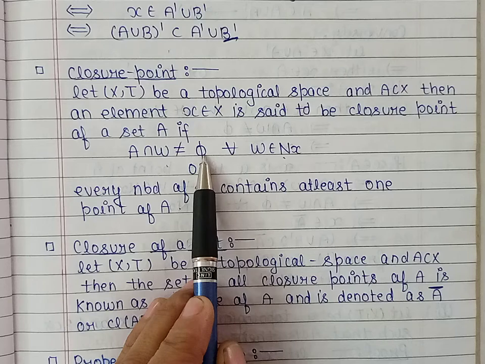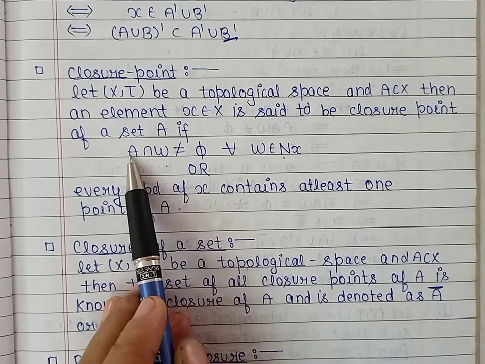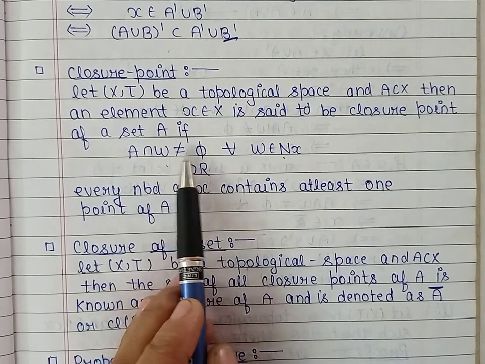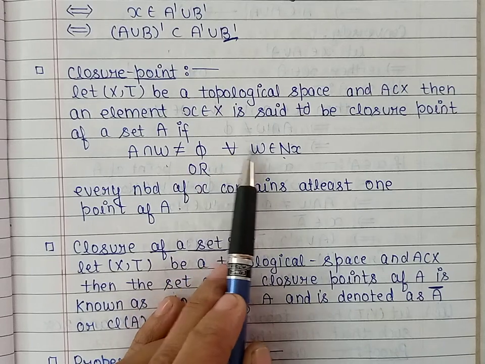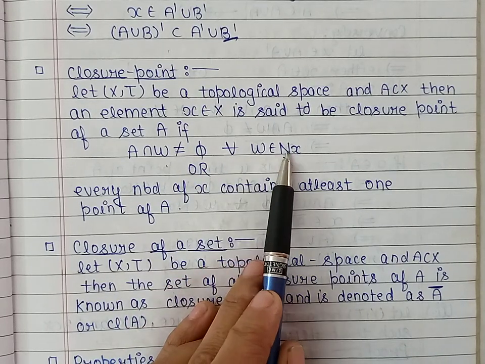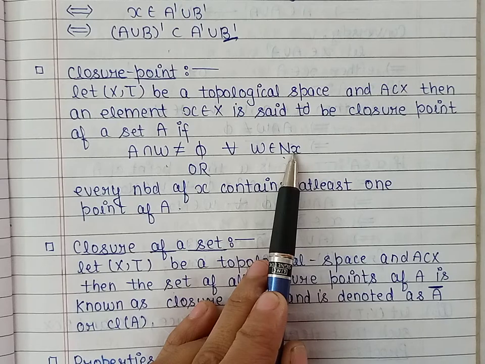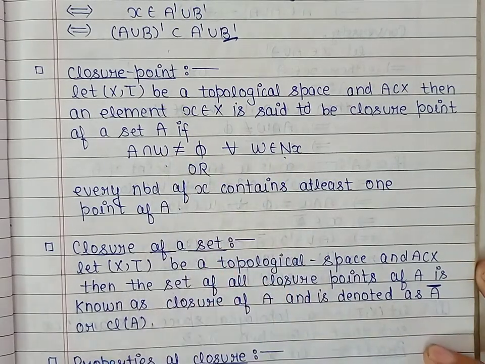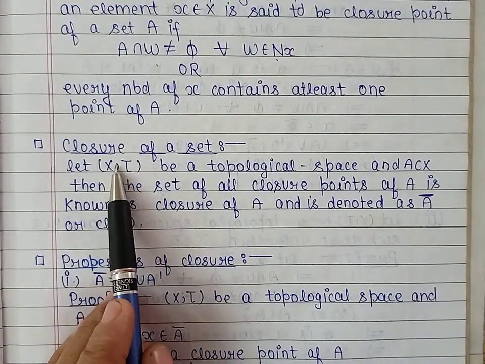So the condition for the closure point is that A intersection W is non-empty for every W belonging to the neighborhood system of x.